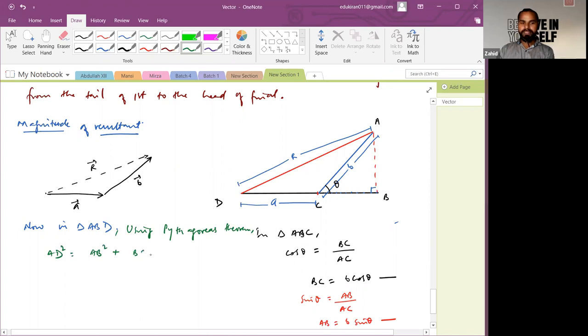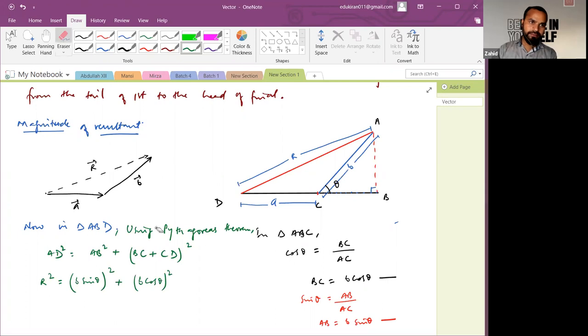We may write BD as BC plus CD whole square. Now on putting all the values, AD is R, AB is B times sin theta whole square, BC is B times cos theta whole square, plus CD is A whole square. Is it clear?